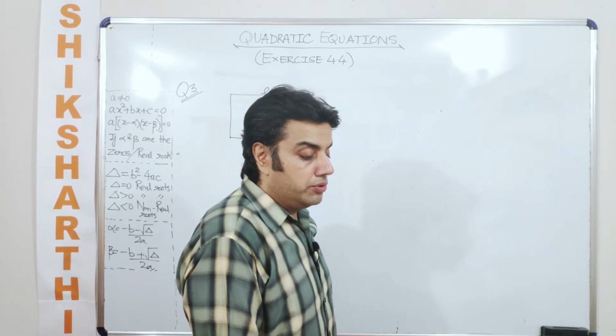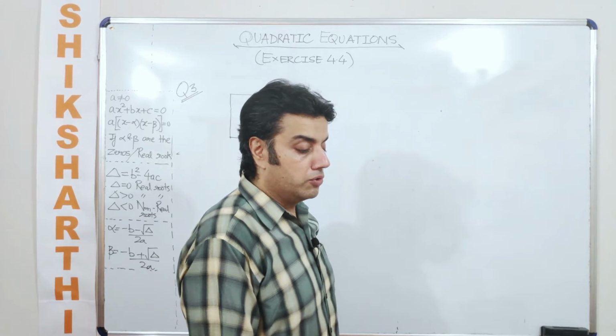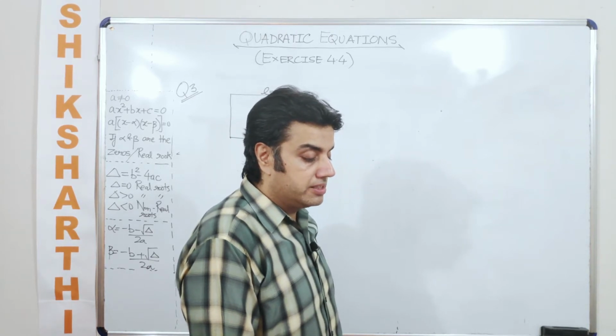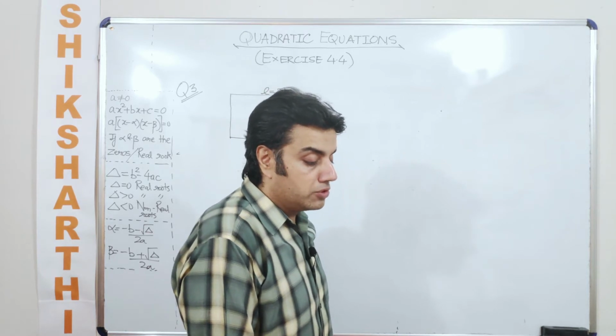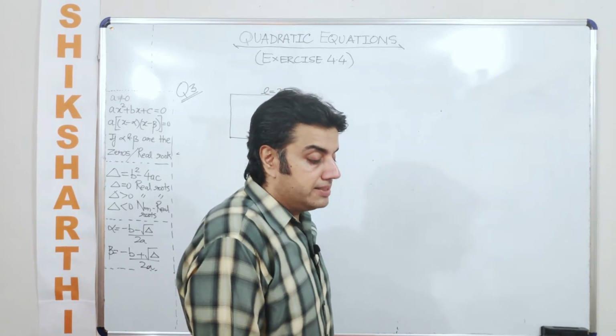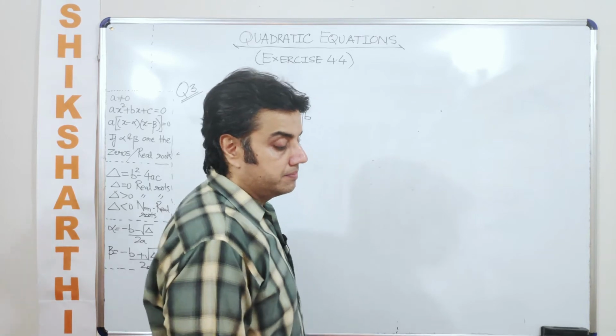Is it possible to design a rectangular mango grove whose length is twice its breadth? Area is 800 meters square. If so, find its length and breadth.